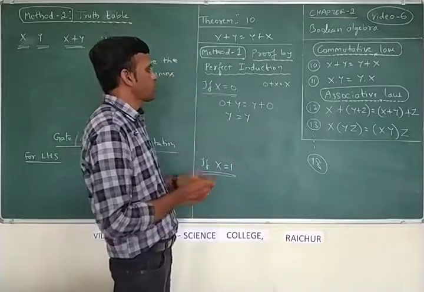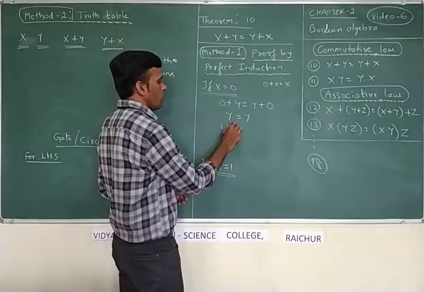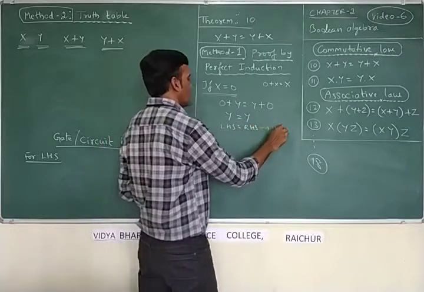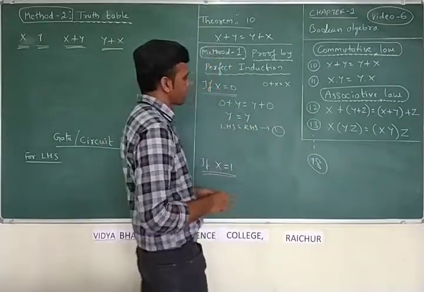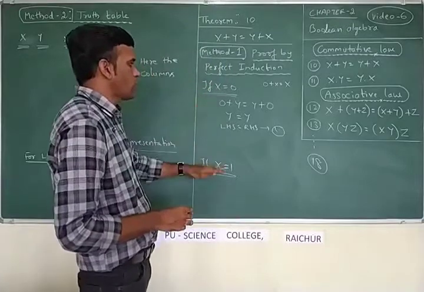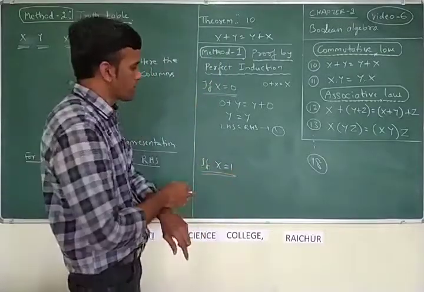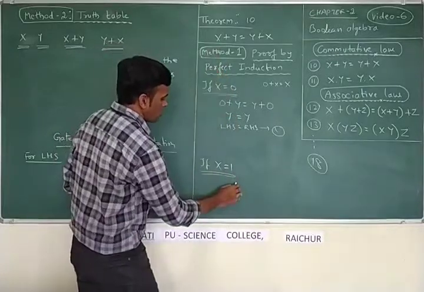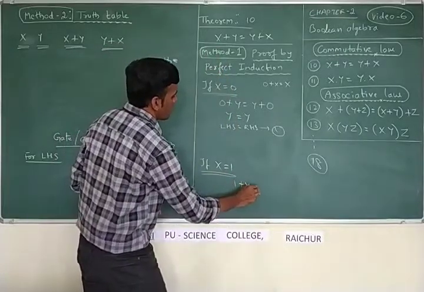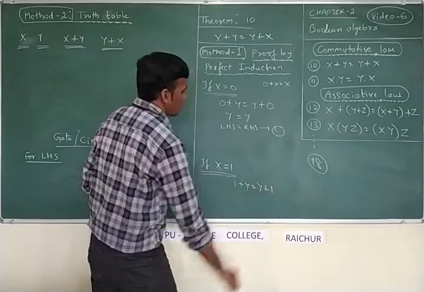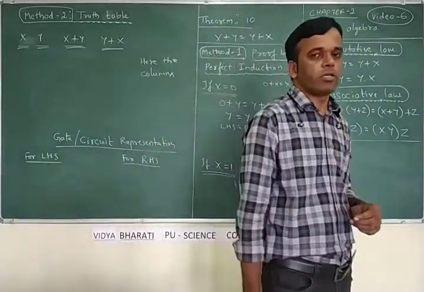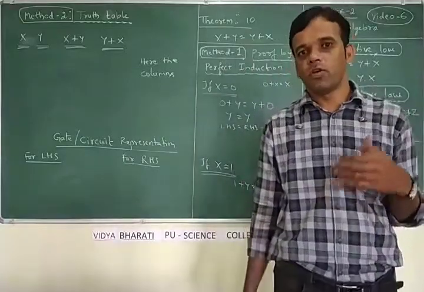Here we have LHS equals RHS. Call it as 1. Now when x equals 1, substitute the value 1 in the given expression or theorem. 1 plus y equals y plus 1. Here again we will use the previous theorem, the properties of 1.